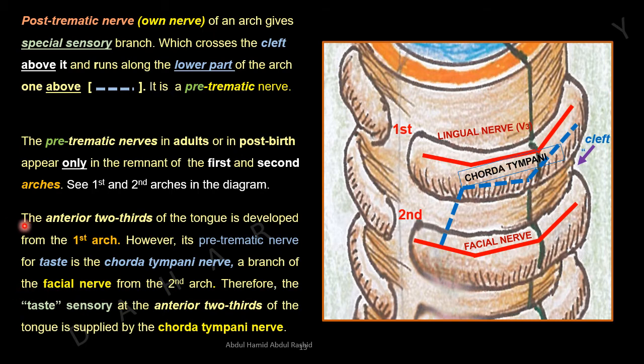So the anterior 2/3 of the tongue is developed from the first arch. However, its pre-trematic nerve for taste is the chorda tympani nerve, a branch of the facial nerve from the second arch. Therefore, the taste sensory at the anterior 2/3 of the tongue is supplied by the chorda tympani nerve, but its general sensory is the nerve of the first arch, that is the lingual nerve coming from the mandibular division.